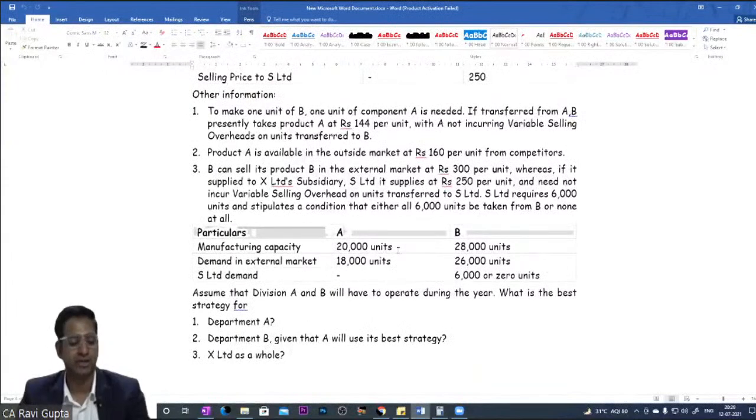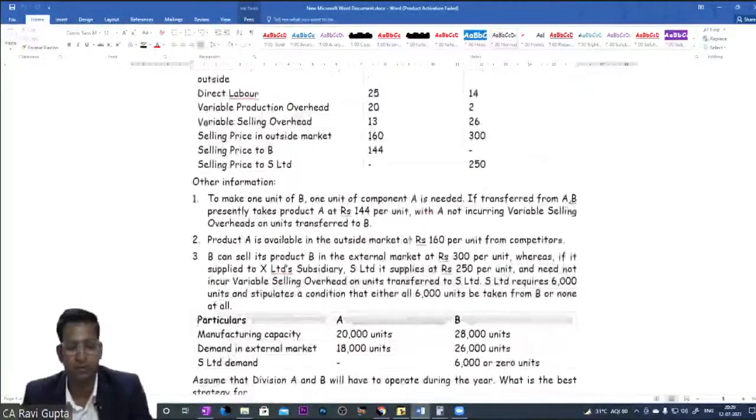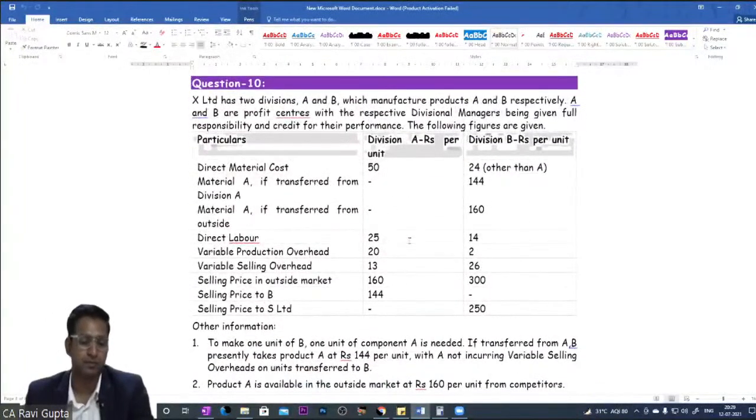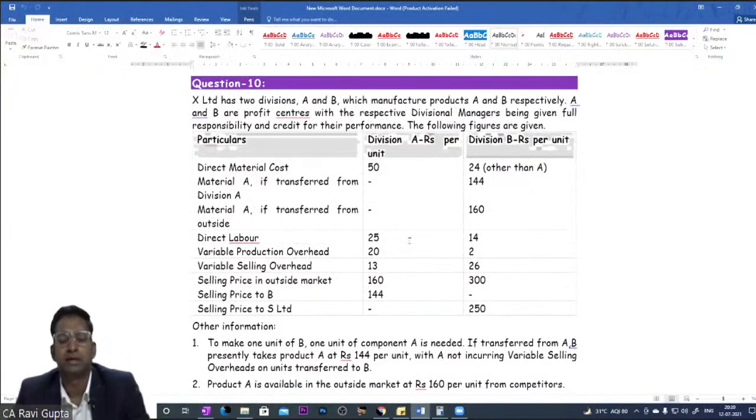Any query from your side? If it's clear, we are moving towards question number 10th.